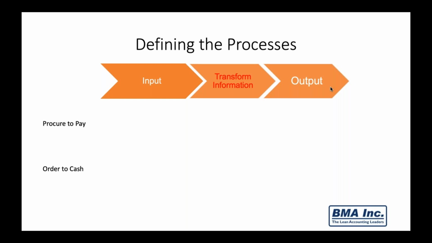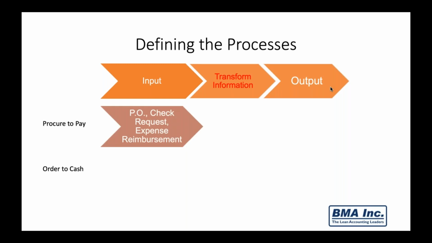Payables is part of the procure to payment process, where the initial input is a purchase order from a customer or a check requisition from someone inside the company. Maybe there's an employee that wants expense reimbursement.